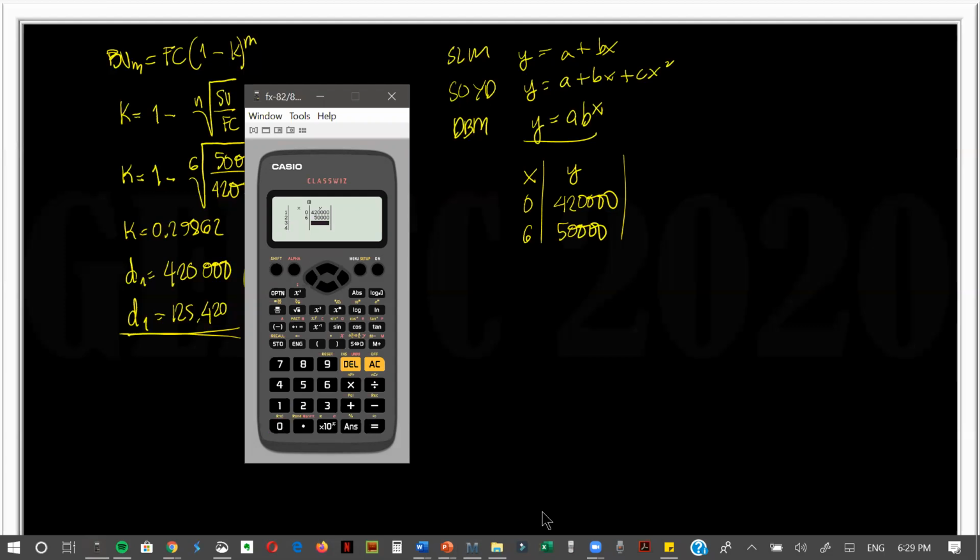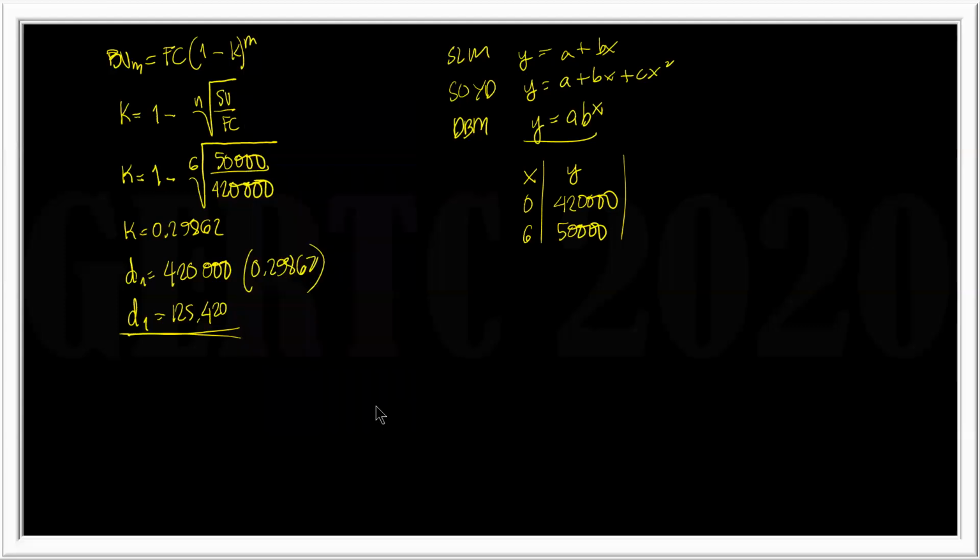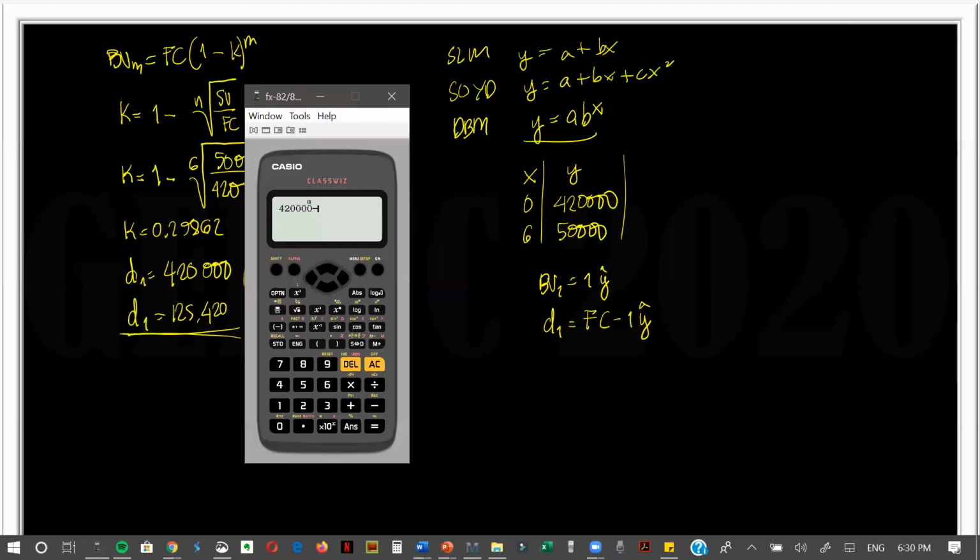Then check if we can get a first year depreciation equal to 125,420. It goes like this: 420,000 is its initial worth minus the book value. The book value at the end of the first year is equal to 1 y hat. So the depreciation during that year should be equal to the first cost minus 1 y hat, or 420,000 minus 1 y hat.